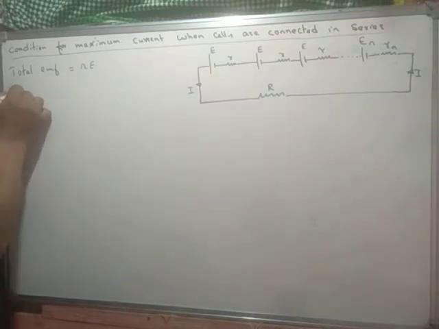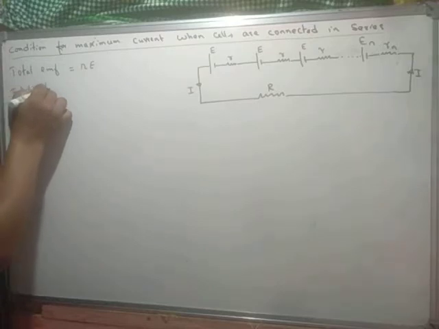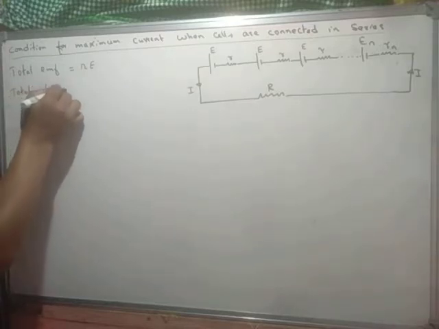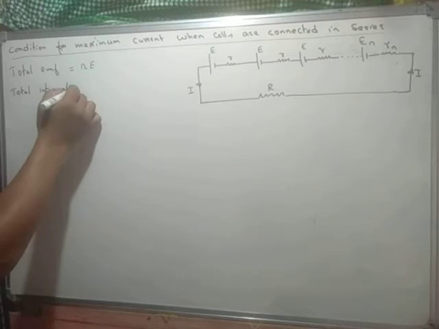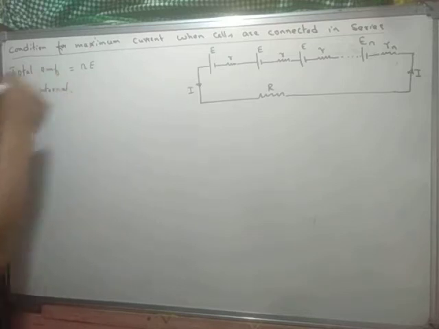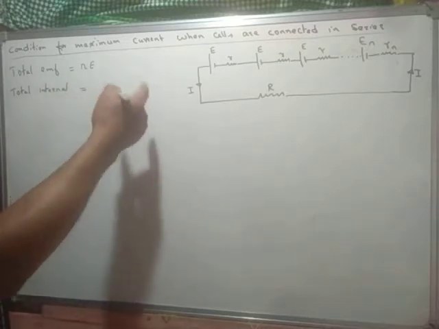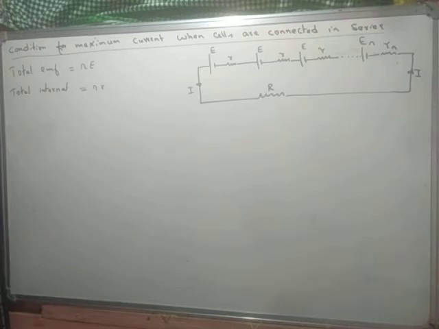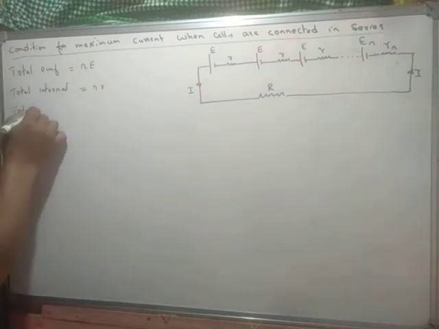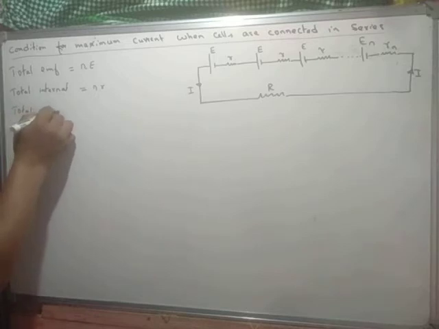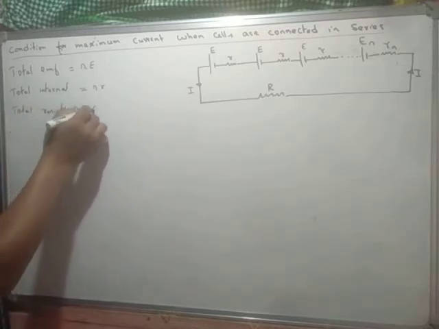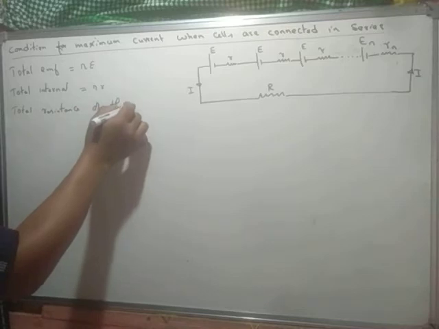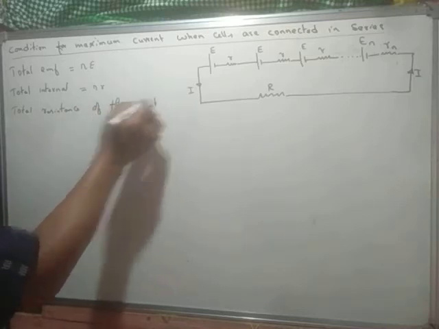Again, what is the total internal resistance of the circuit? Similarly for the total internal resistance, we'll have nr. And what is the total resistance of the circuit?